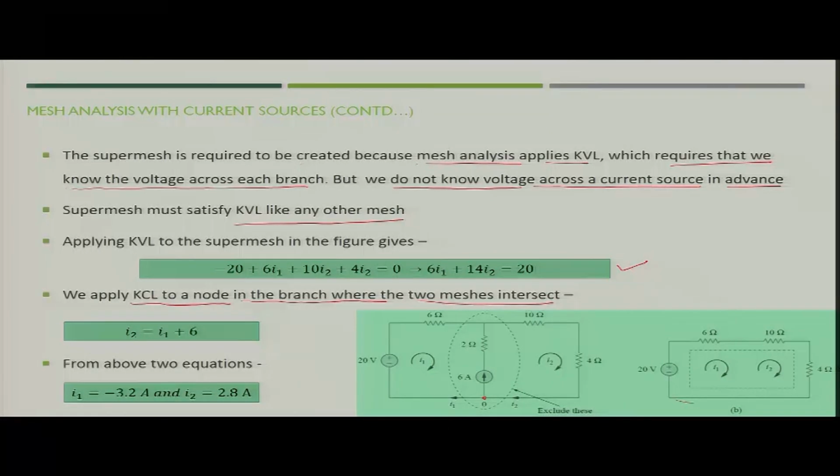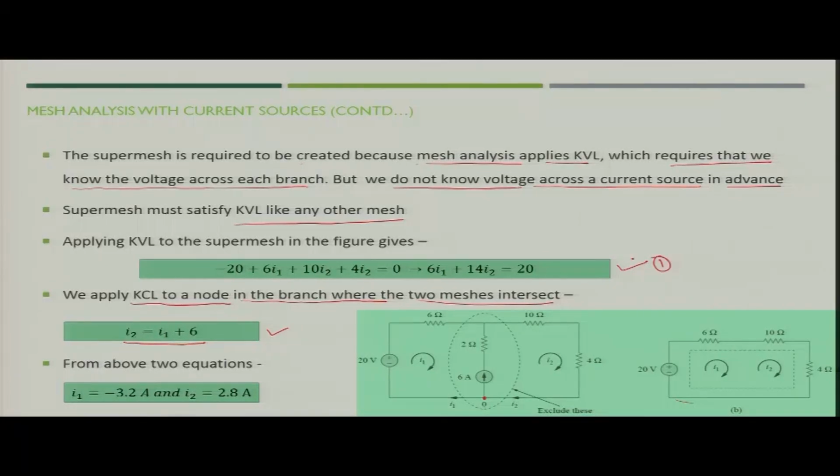If you see this node, I2 is coming in, and I1 and the 6 ampere current source are going out. So you can simply apply Kirchhoff's current law and say that I2 is equal to I1 plus 6.